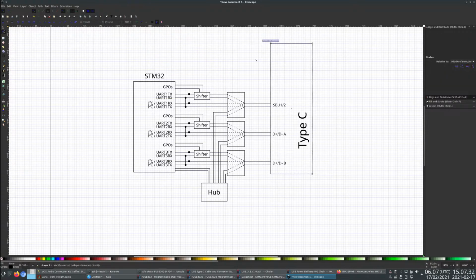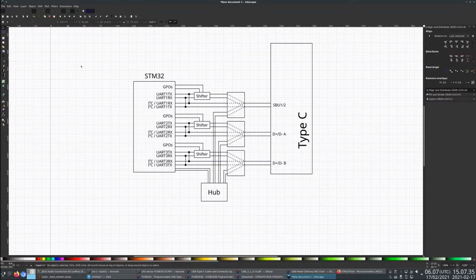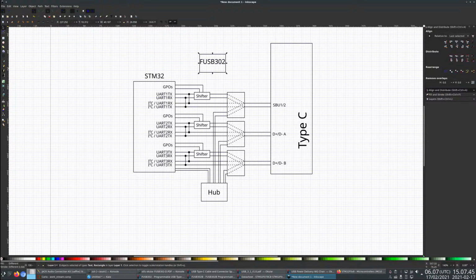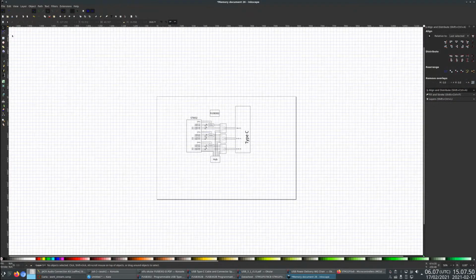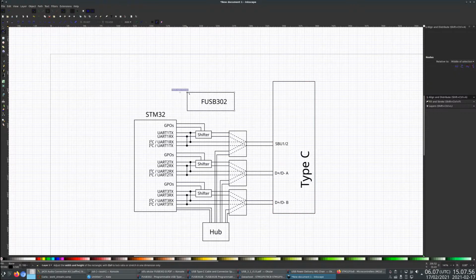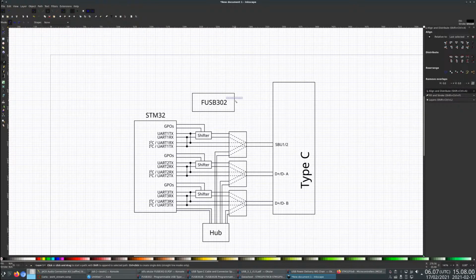So we're going to have our FUSB302 in here. And so this is going to connect to both of the CC lines.